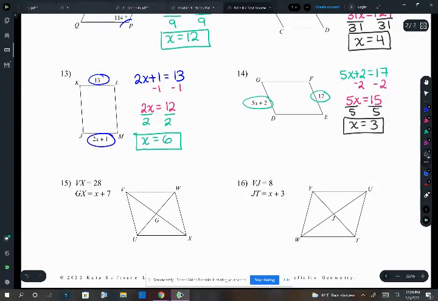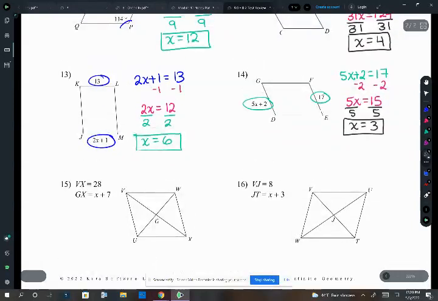And then our last two examples are examples where we have diagonals. With diagonals, if it's just the diagonals of a parallelogram, then we know that they bisect each other. So in this case, they're telling us this whole entire length right here is 28. So if it's being bisected, then I know that there's 14 on this side and 14 on this side because it was 28 total.